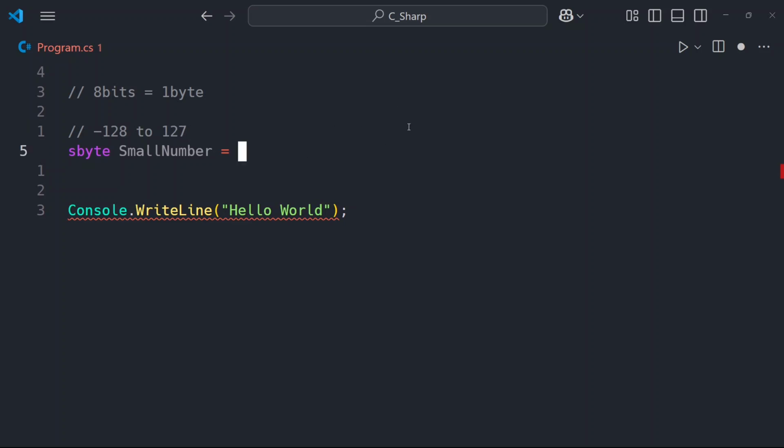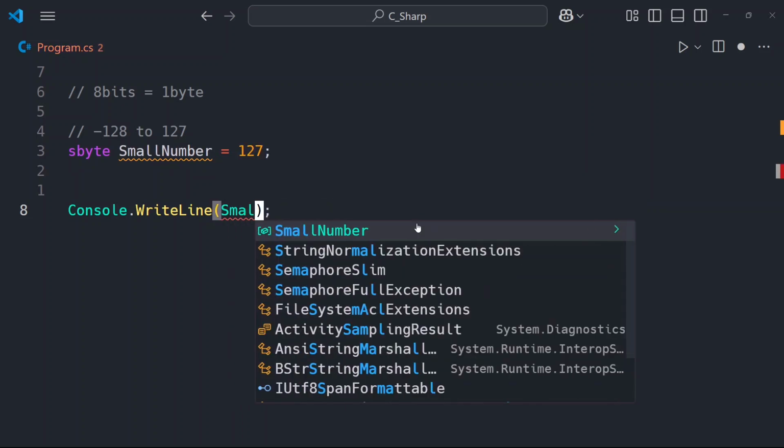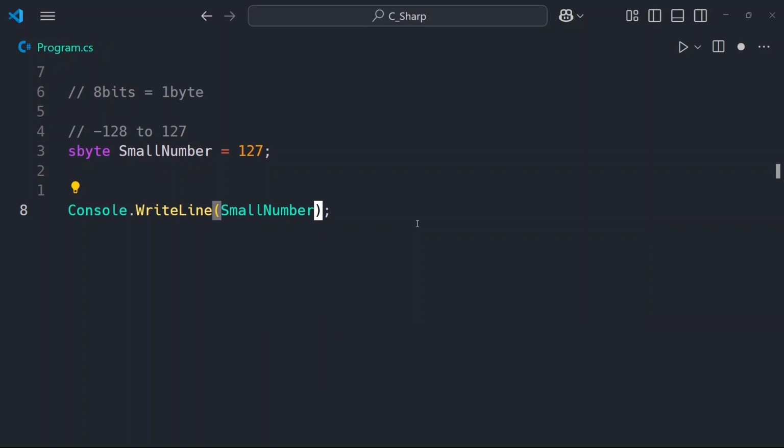They are rarely used. So if you say 127, that's legal, and you can do this. And you can say small number here. And let's actually run this.